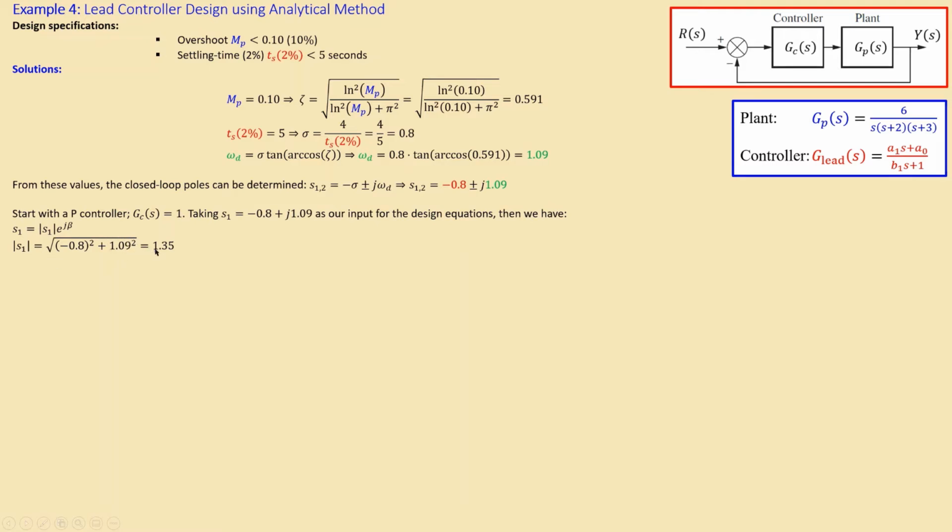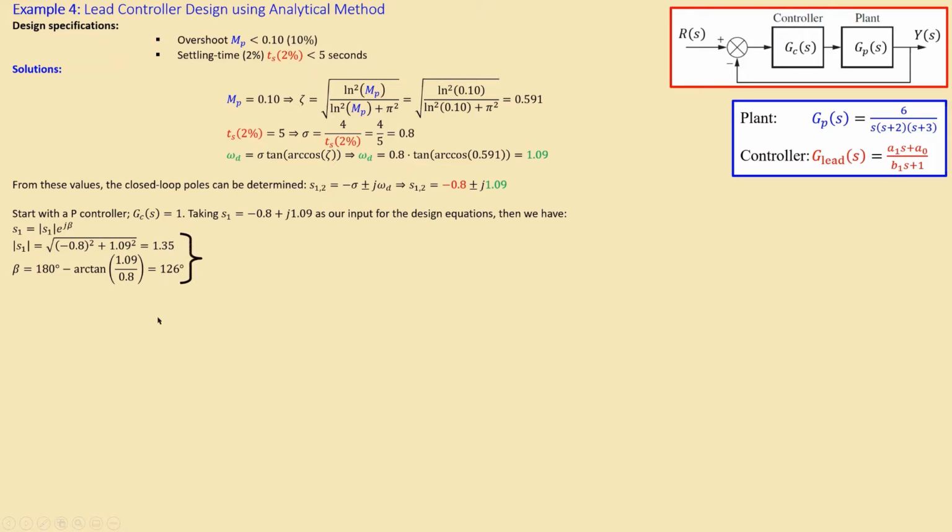That will be 1.35. Now if I also want to calculate the phase, that will be beta, and if you draw this in the complex plane, you can see that the phase contribution is 180 degrees minus the arctangent of the imaginary part divided by the real part, as an absolute value. And that will result in 126 degrees.